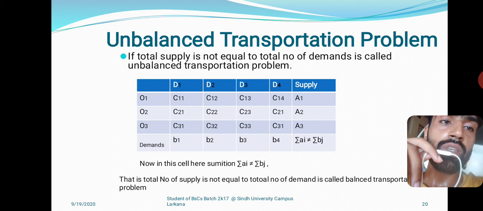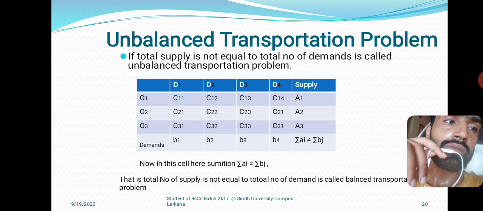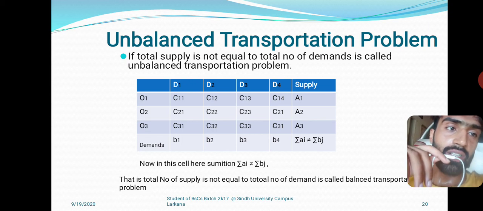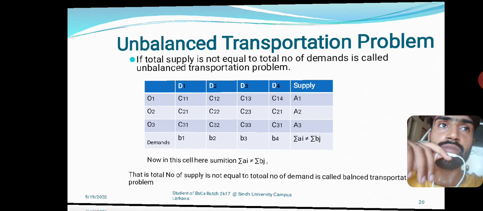Demand B1, B2, B3, B4. Sum of Ai is not equal to sum of Bj.